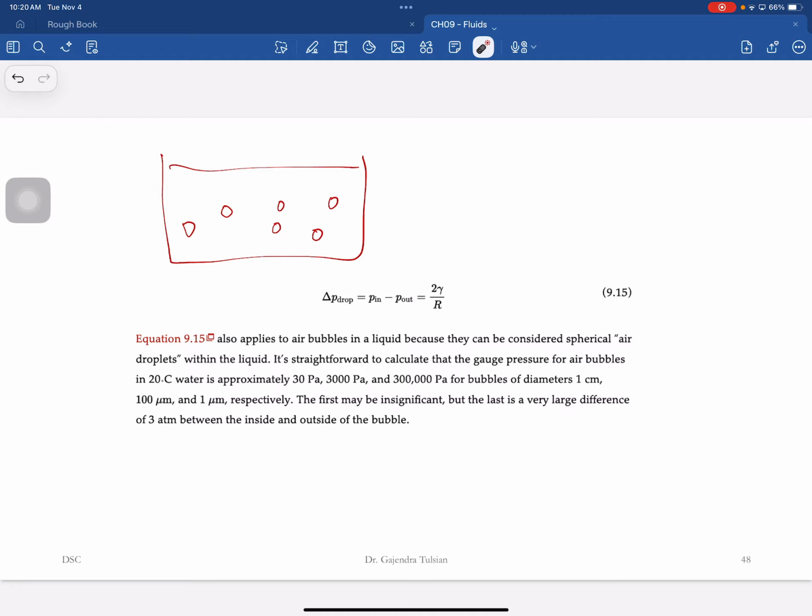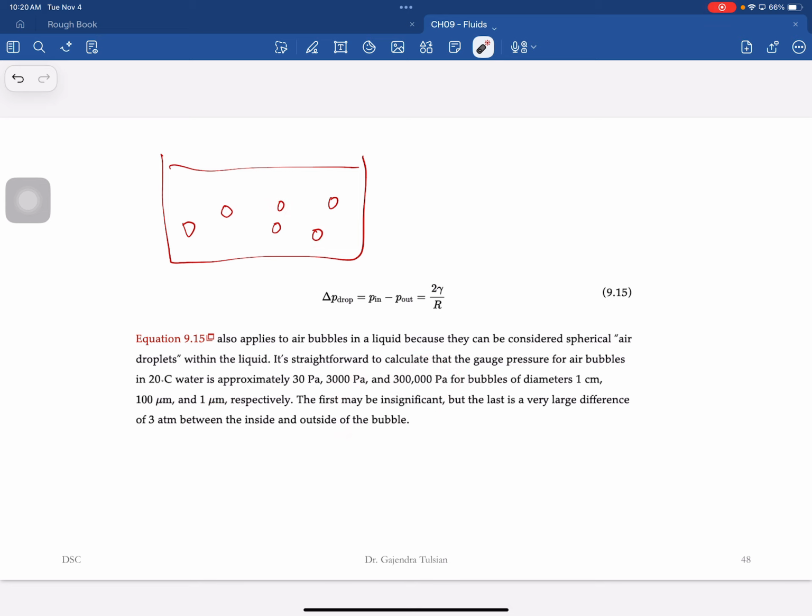That's a large bubble. 1 micrometer is roughly the size of a cell. The pressure is 30 pascal, 300 pascal, and 300,000 pascal for a small bubble. For a tiny bubble, the pressure inside the air is 3 atmospheres. That's an enormous pressure.